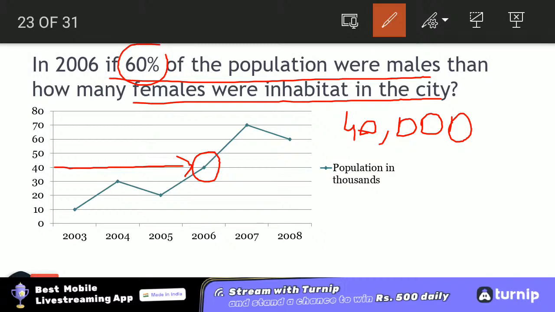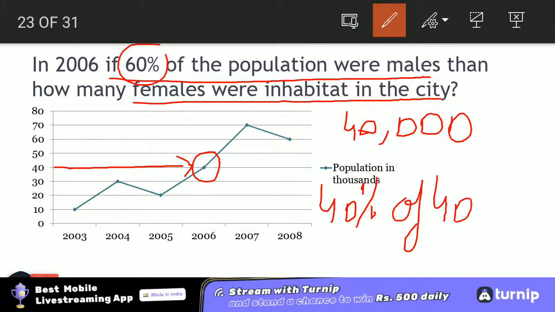So, we all know that the total percent is 100%. If 60% are males, that means how many females do we have? Hurry up, tell me. If 60% is the males, how many females do we have? Obviously, if 60% are males, the total is 100%, so 40% is of females. So 40% of 40,000.